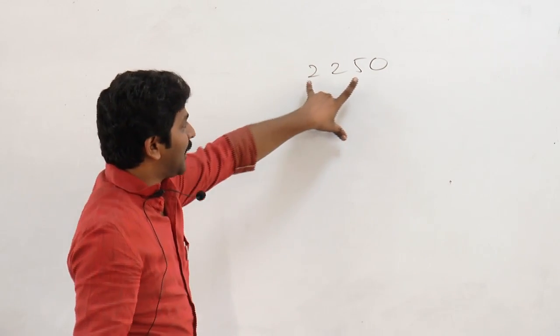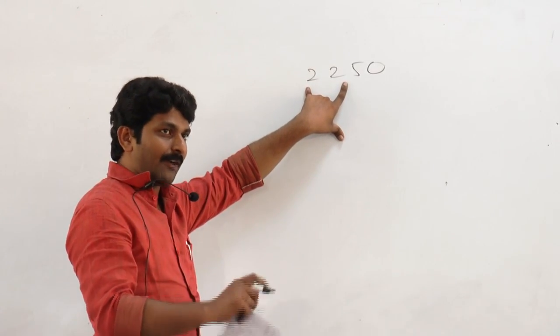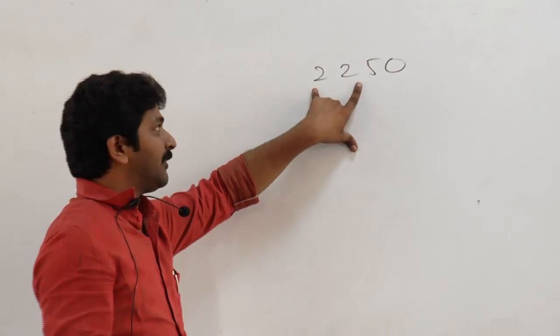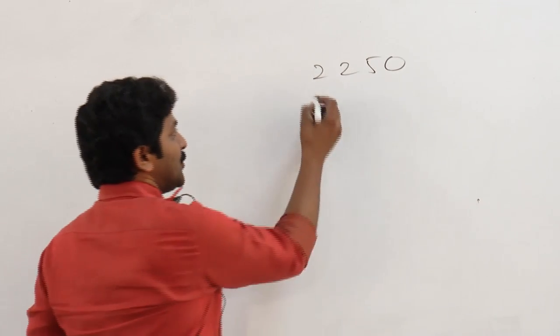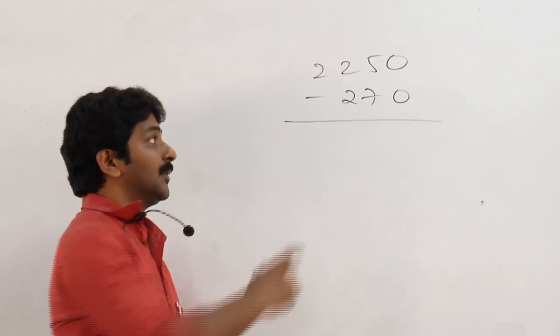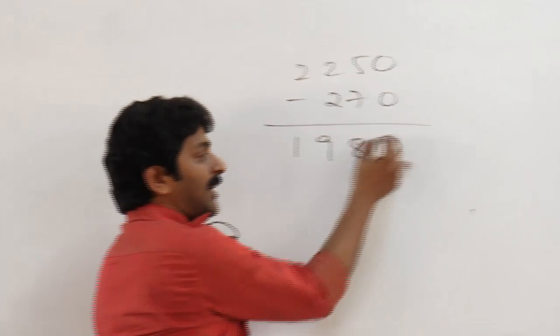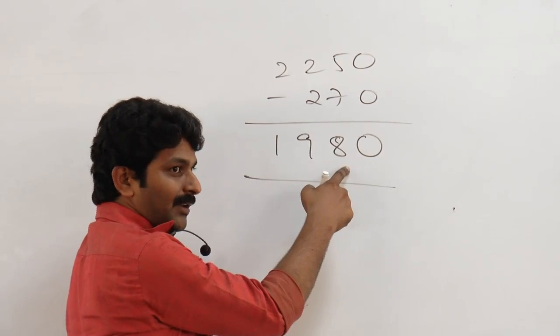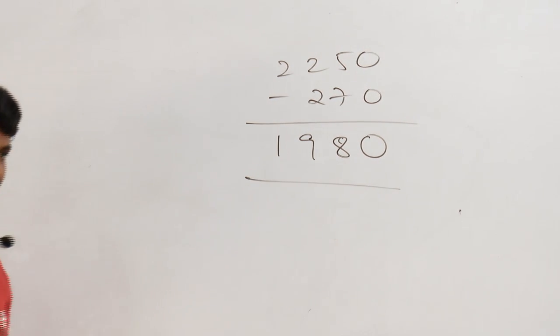Yes or no? 10% 225, 1% 22.5, 2% 45. So 225 plus 45 270. So he is giving a discount of 270 rupees per square meter. So that will cost him 1980 per square meter, and you need to calculate area multiplied by 1980.